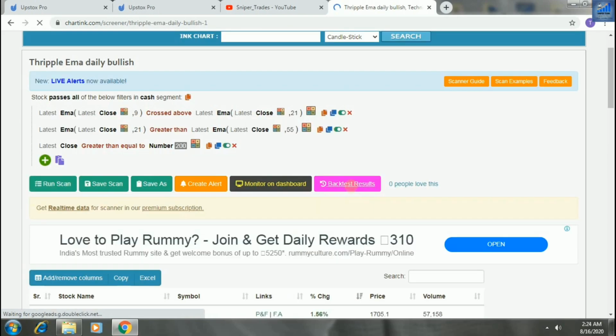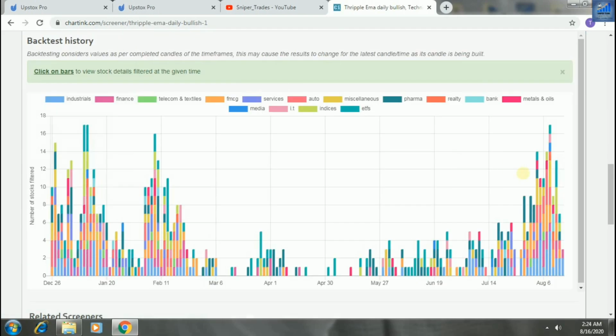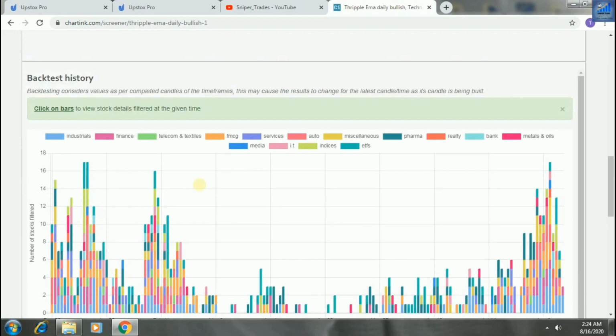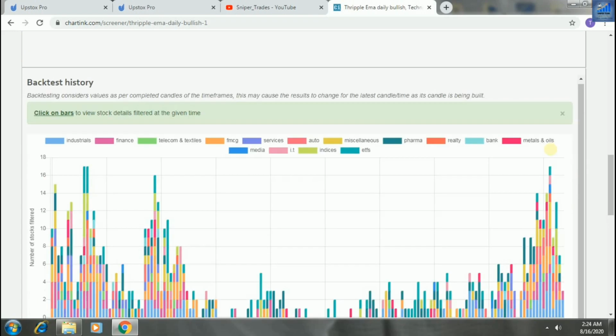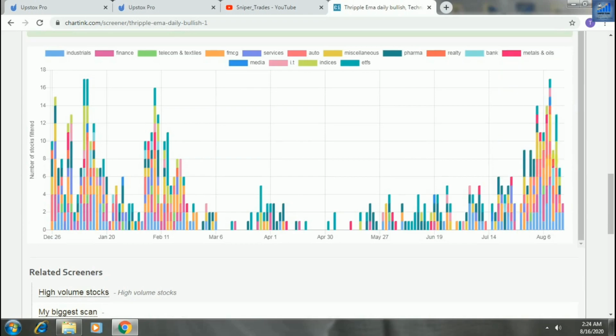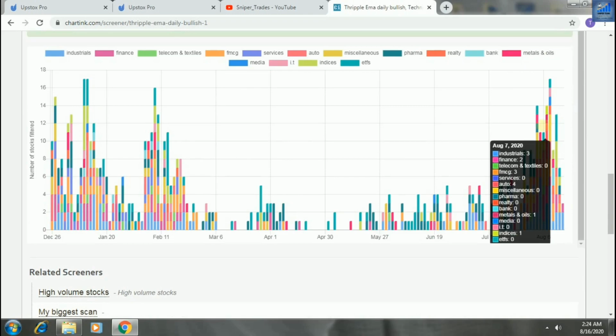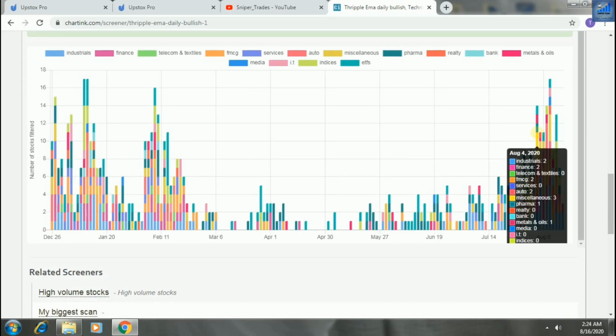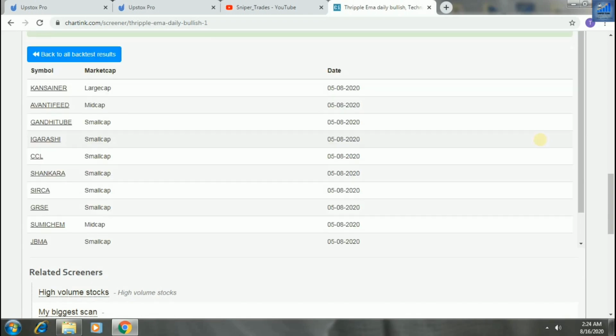Then click backtest result. This is the backtest history. Let's see how this scanner worked in the previous days. So we got the 5th August result. We should check the stock.